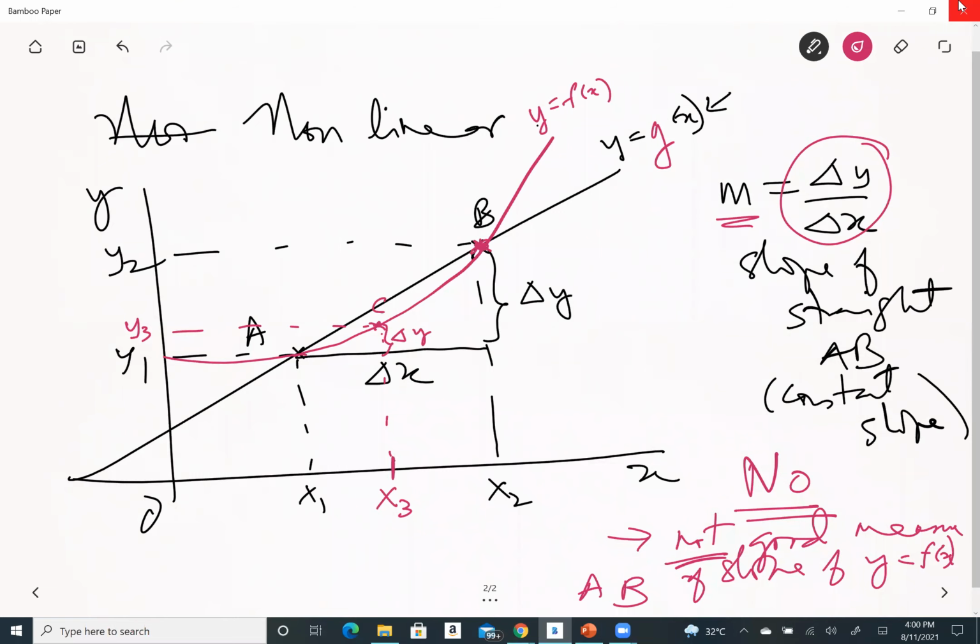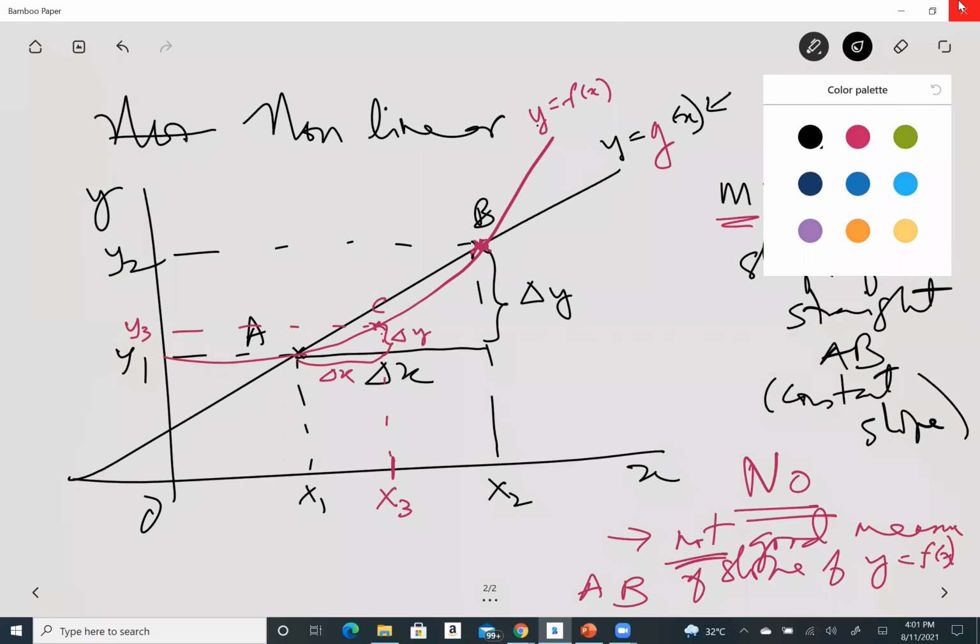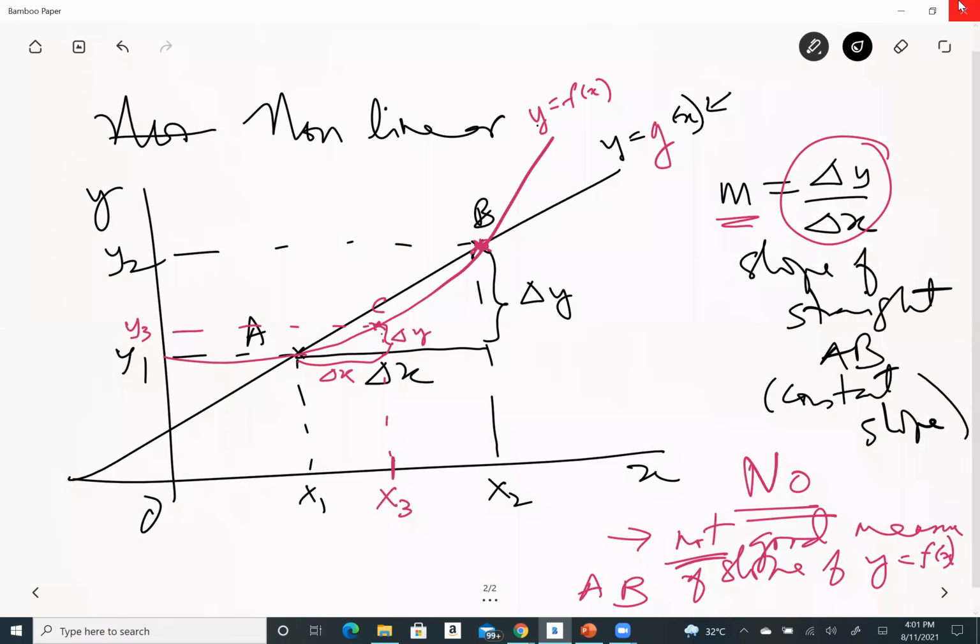What is delta x? Delta x will be that gap. Now delta x is smaller, and that will lead to a smaller delta y. So what is the slope between these two points? It is the straight line connecting A to C.